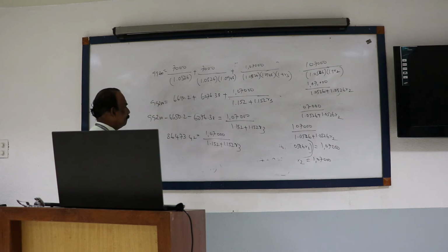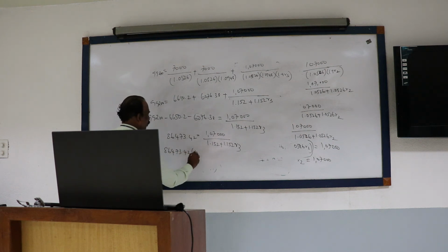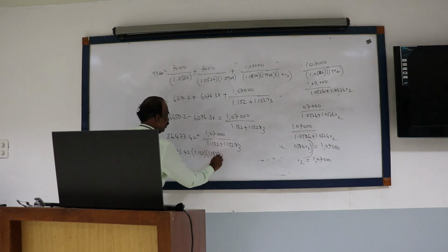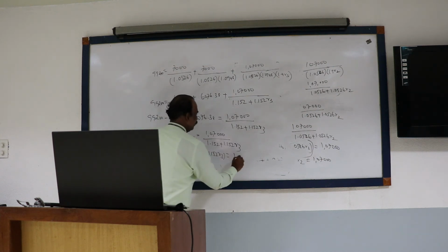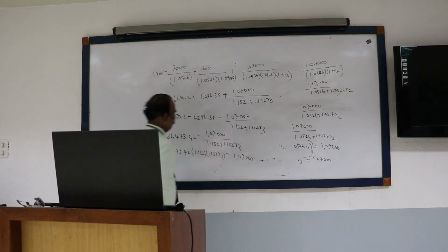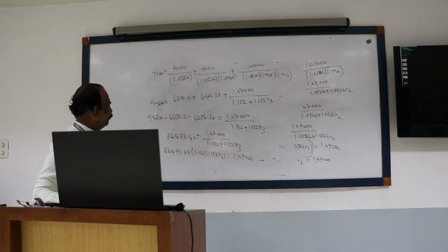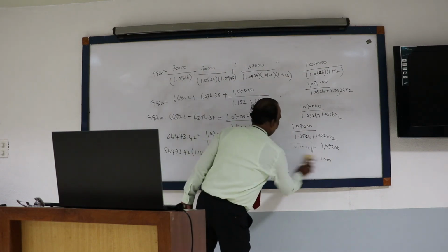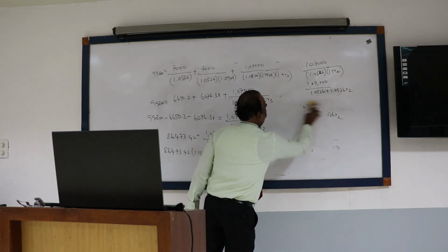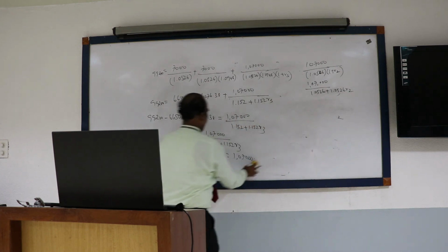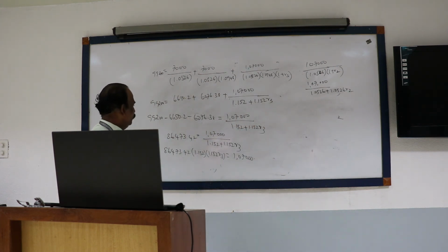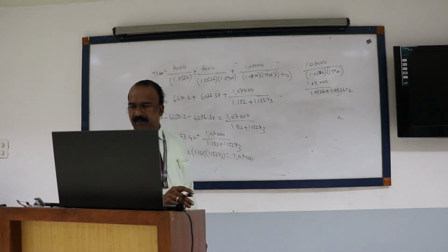Then cross multiply. 86,473.42 into 1.152 plus 1.152 R3 is equal to 1,07,000. So how much comes? A little lengthy case. You understand?